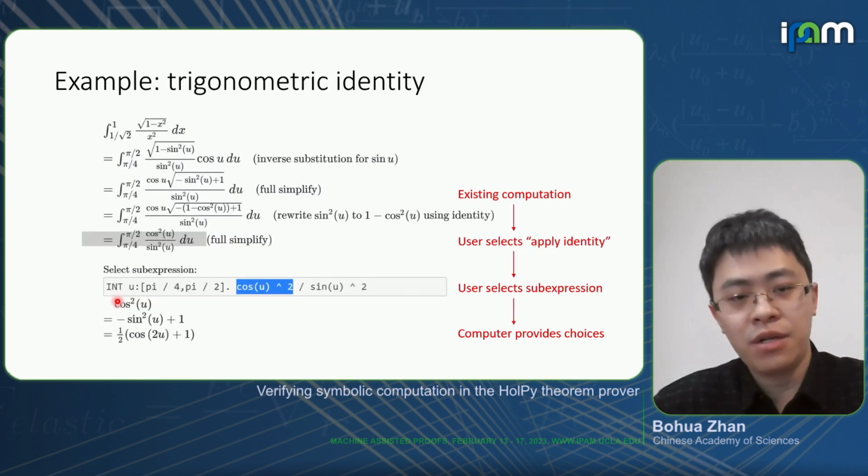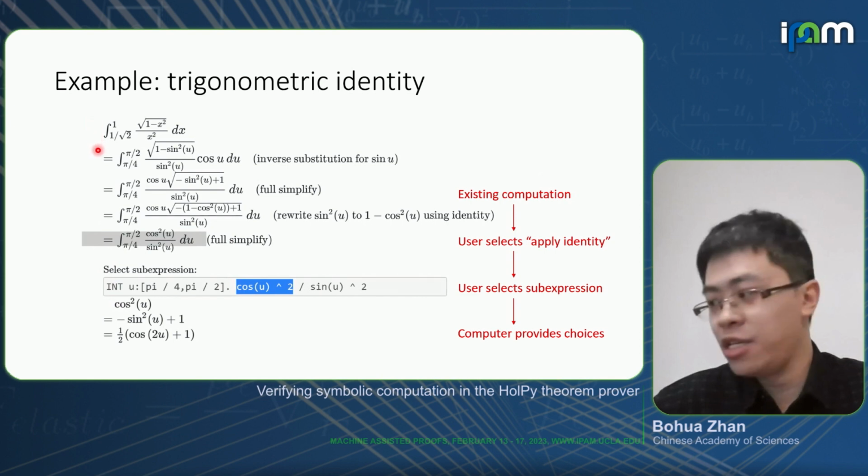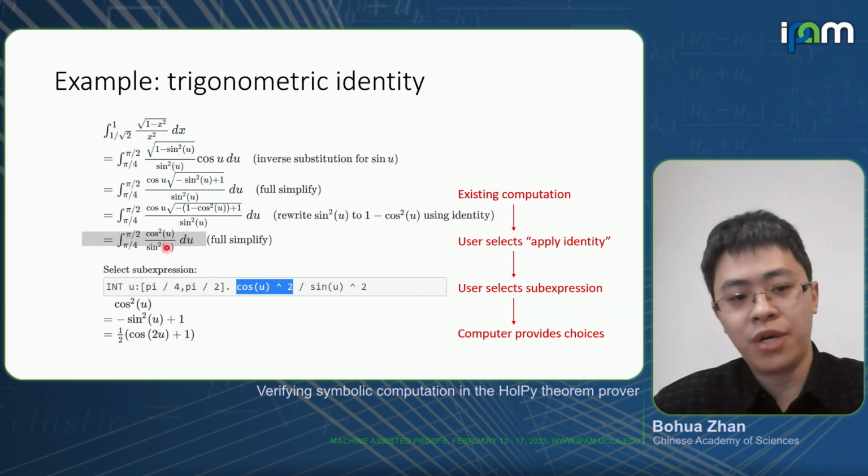And this is another example that shows a more complex interaction process. In this case, we wish to apply a trigonometric identity to rewrite the term. The calculation has already proceeded by 4 steps, and here we wish to apply a trigonometric identity to rewrite the cosine square in the numerator.